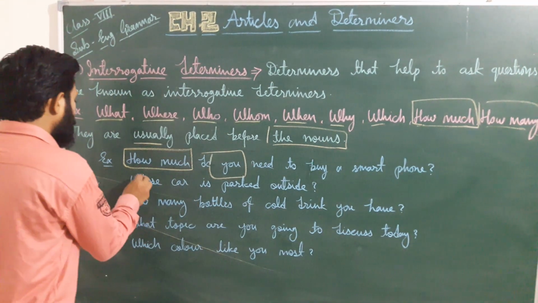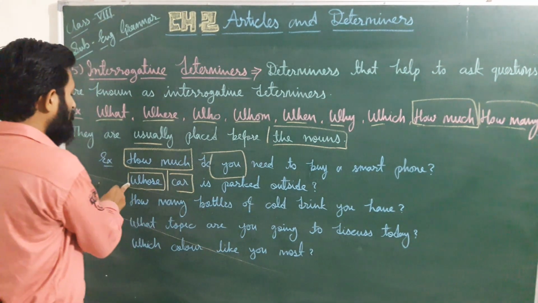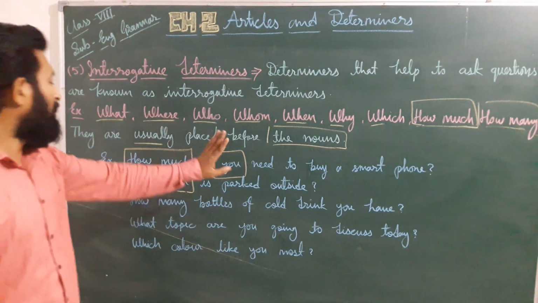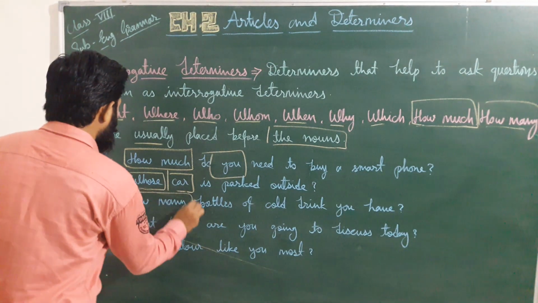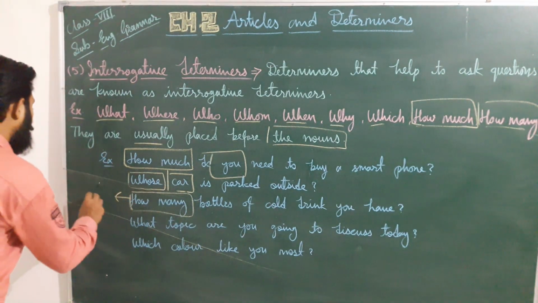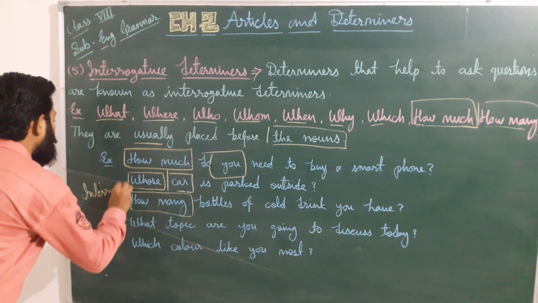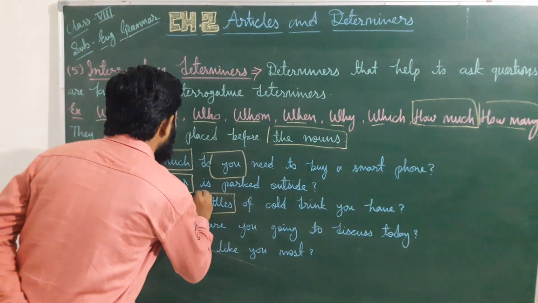In the second sentence, whose car is parked outside, this is your WH word, and this is your noun. So we can say that it is usually placed before the nouns. In the next sentence, how many bottles, this is your interrogative word, and this is your noun.